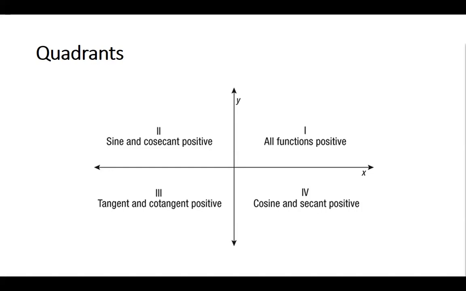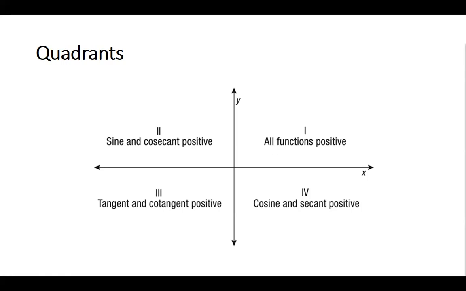Now, what this is showing here is the value of the output of the functions in these different quadrants. We notice that in quadrant 1, all functions are positive. In quadrant 2, sine and cosecant are positive. In quadrant 3, tangent and cotangent are positive. In quadrant 4, cosine and secant are positive.